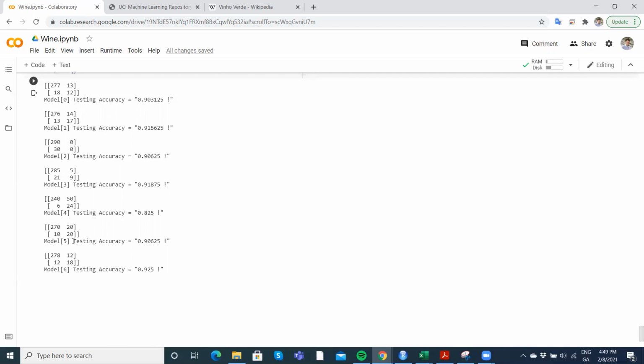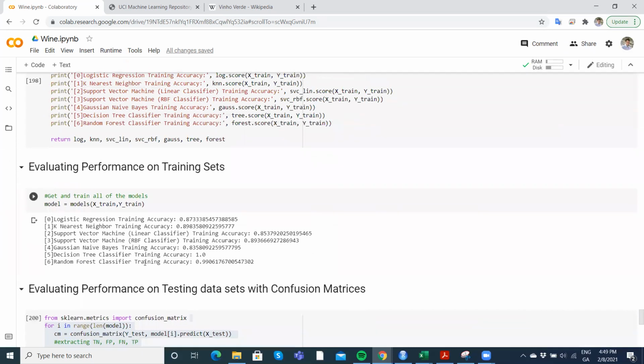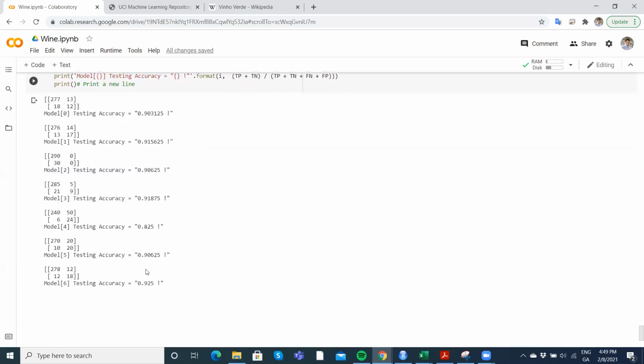So the confusion matrix here, the random forest, which is the final one here, probably is doing a reasonably good job at picking out the good wines. And that's the tricky bit. If we only want to predict the bad wines, we could say they're all bad and predict that they're all bad.